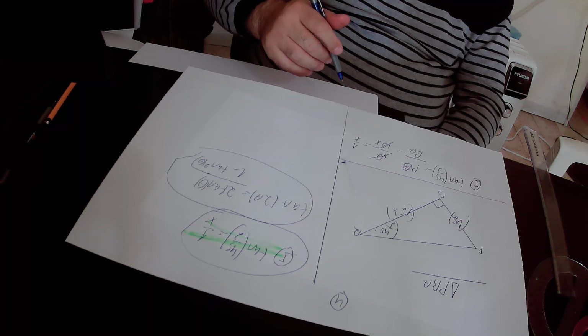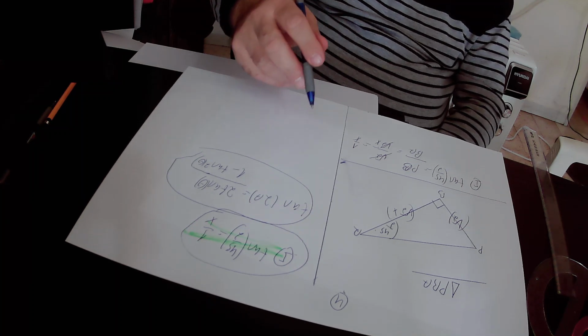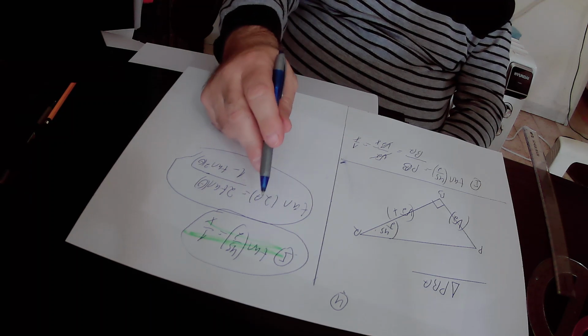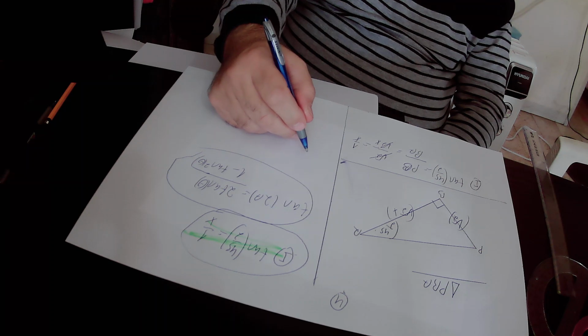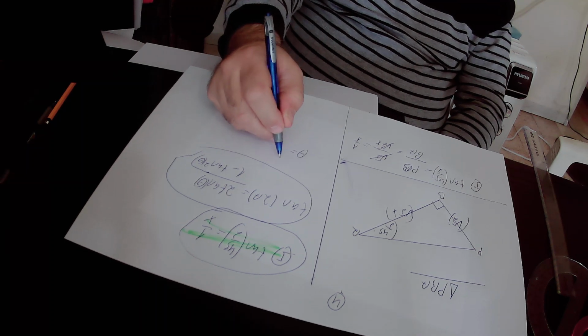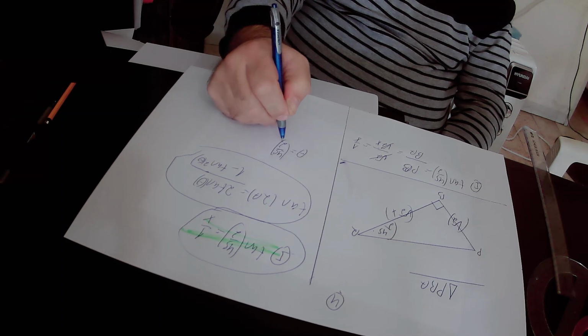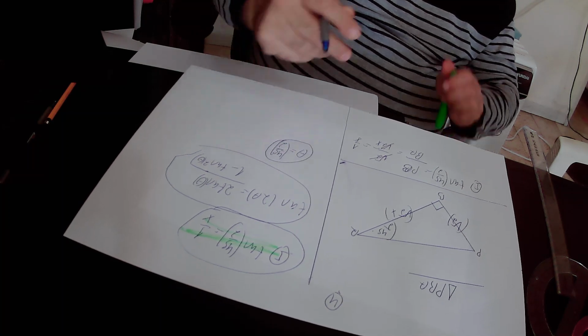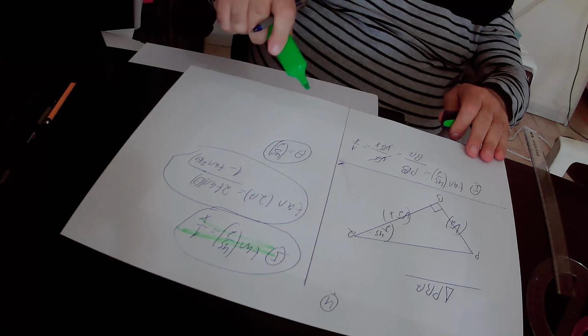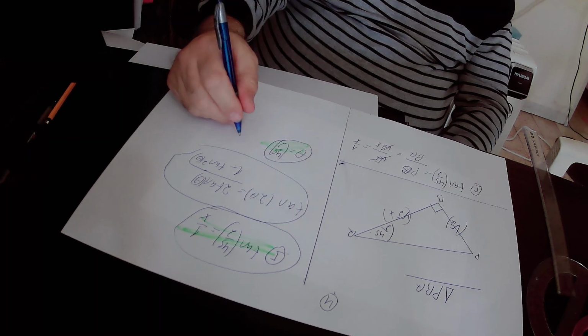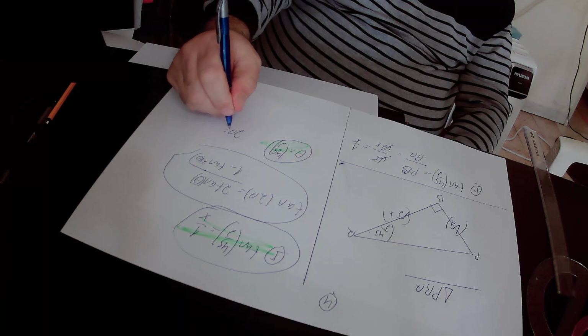Now we'll define angle 45 over 2 degrees as theta. Theta equals 45 over 2 degrees according to our definition. So if theta equals 45 over 2 degrees, it means that 2 theta will be equal to 45 degrees.